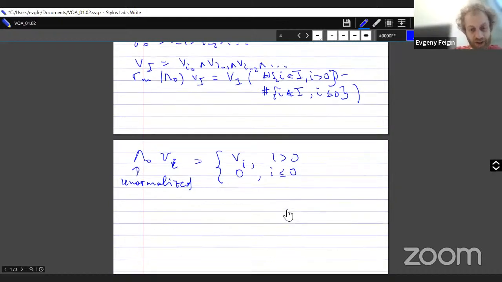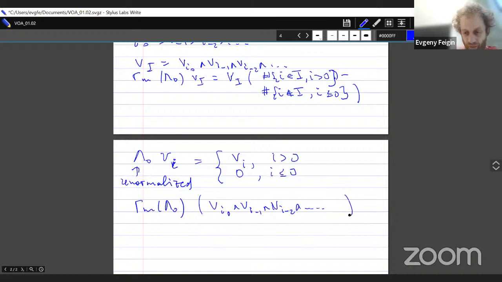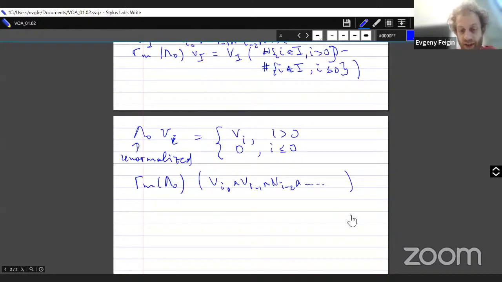So we take Rm of lambda naught and apply it to, say, so we see that there are several places where we can apply and get the 1.